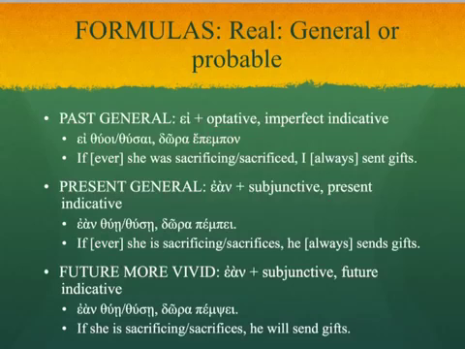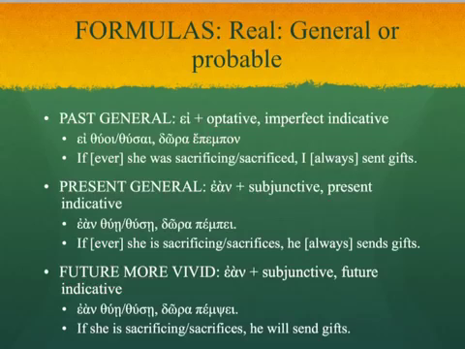And then finally, if you flip this real or very probable style of condition into the future, you get what in Greek is called the future more vivid. And here again, it's identical to the present general in the protasis, ean plus the subjunctive. It's the same way you started off, but now, because we're talking about the future, instead of a present indicative in the apodosis, you get the future indicative in the apodosis.